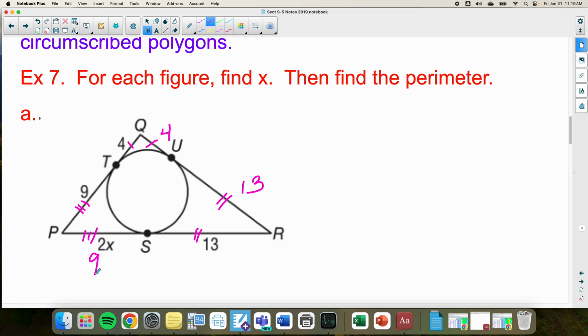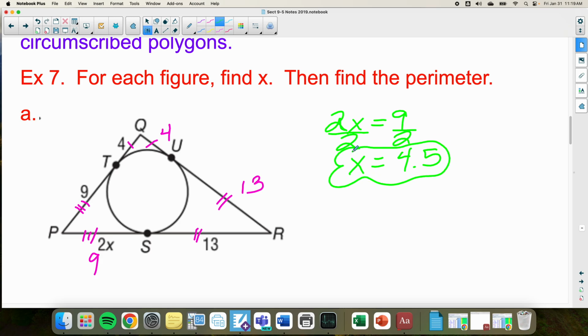So the first question they ask us for is, what is x? So do you guys get that 2x would have to equal 9, right? For that down there to work. So x is just going to equal 4.5. So that's one answer. The second answer wants us to find the perimeter of the outside triangle, okay?